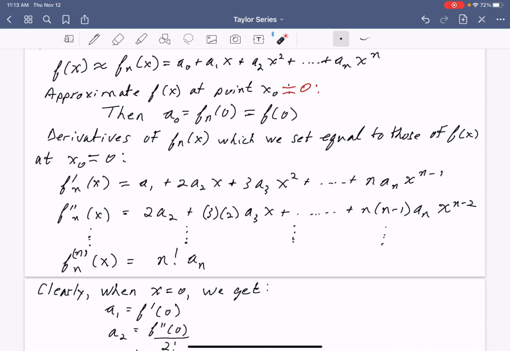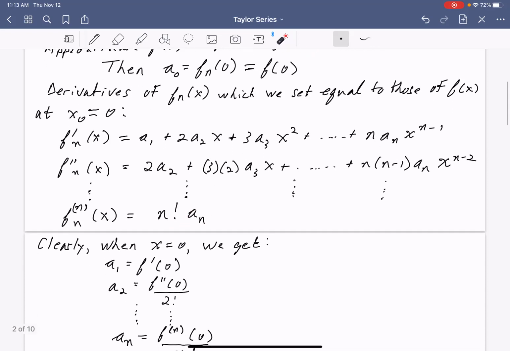And we keep creating these derivatives because, remember, this function is continuously differentiable. So we take the nth derivative of this function, and we get that it's n factorial times a subscript n.